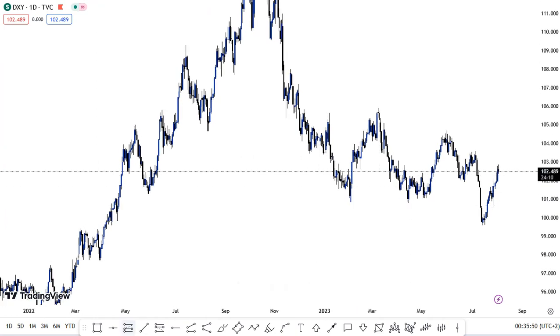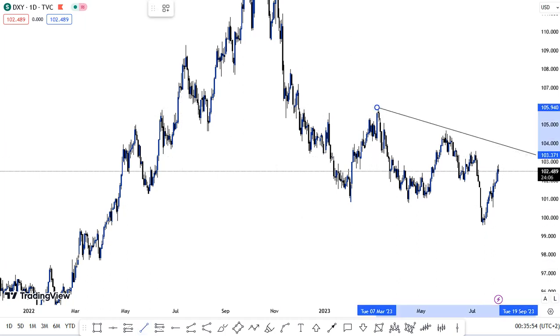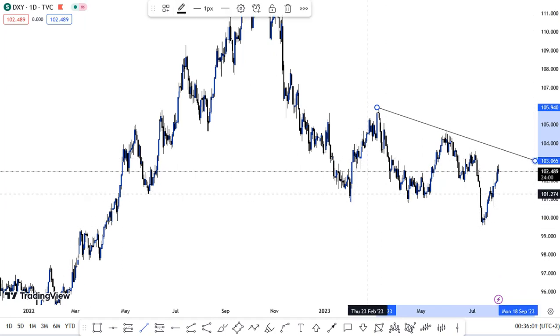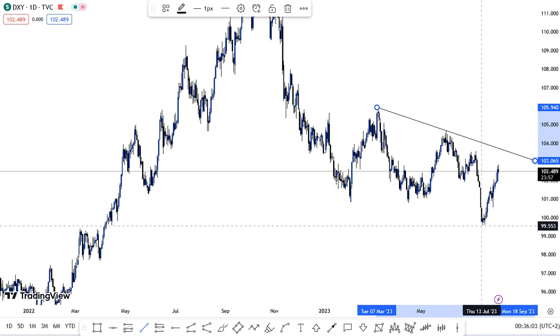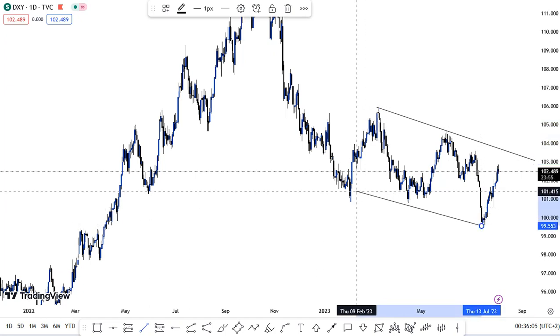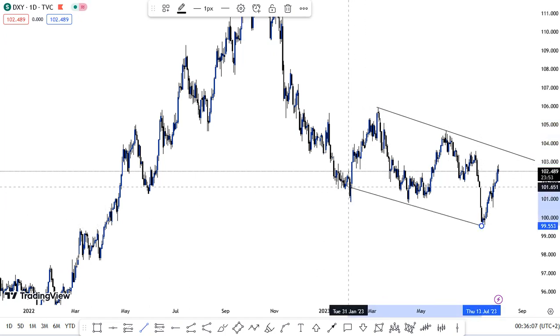I feel like here we had a proper downtrend which has 2 touches, you see, and I'm going to take this one too, which has dead touches, as you can see.